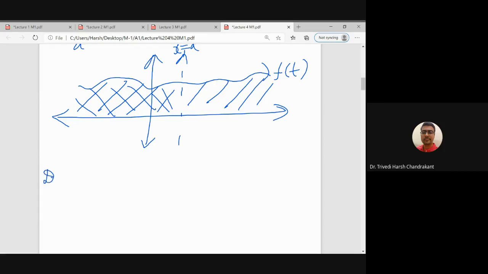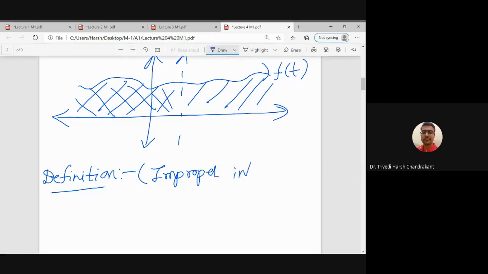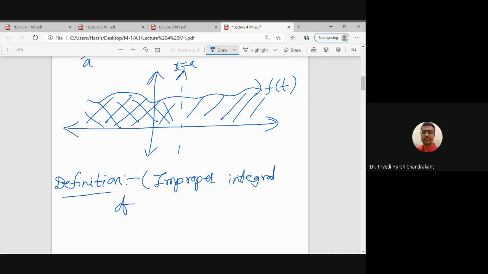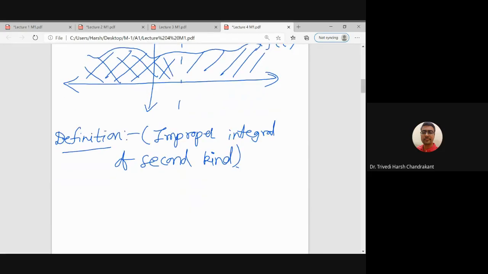The second type of integral we will define is the improper integral of the second kind. So these particular integrals are basically used for functions which are not bounded. On unbounded functions, we usually use this form.